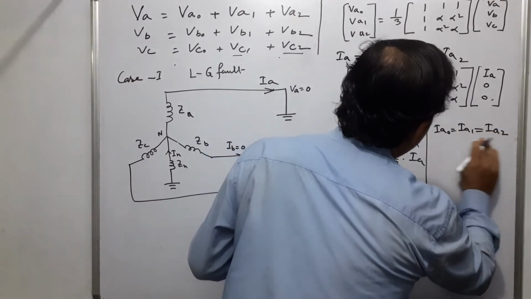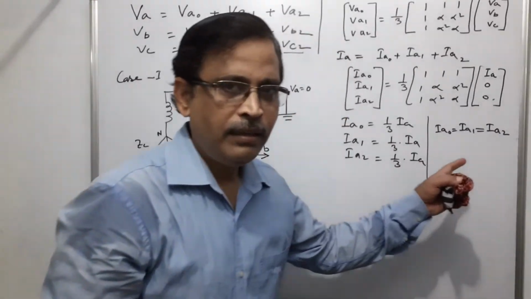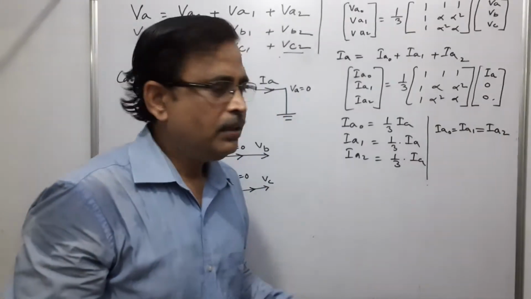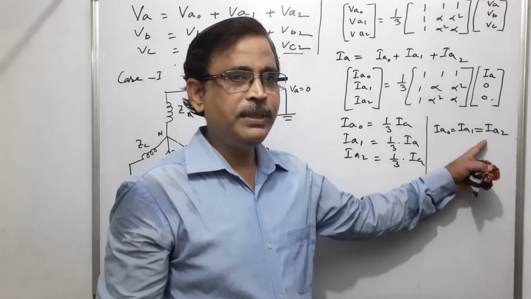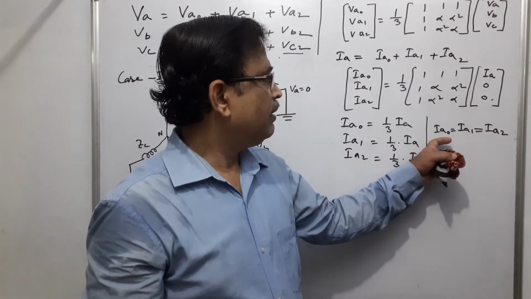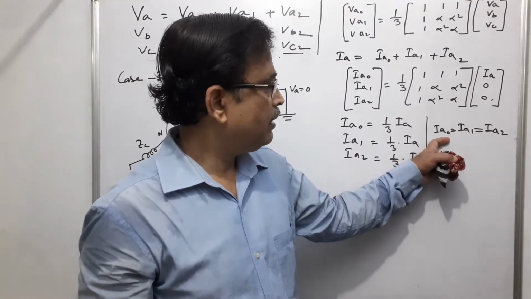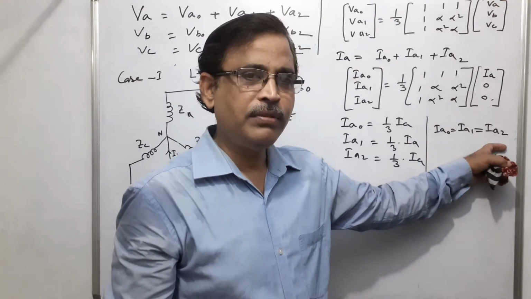When all these three currents are equal, in which case is that possible? This is IA0, the zero sequence network current, this is the positive sequence network current, and this is the negative sequence network current.